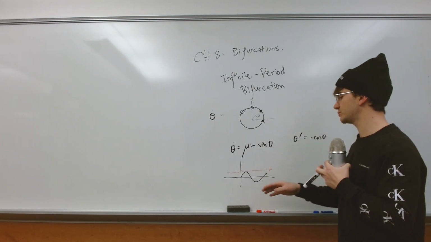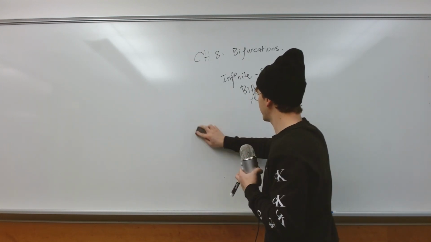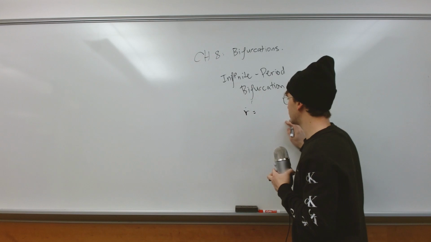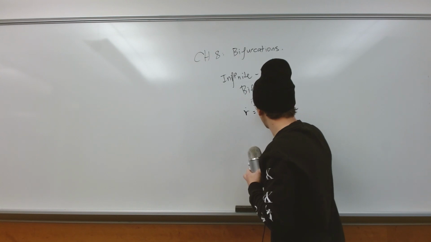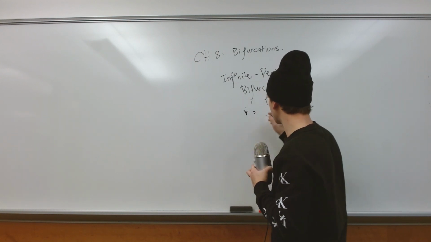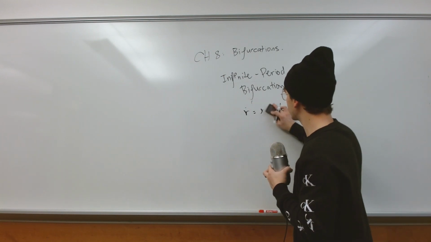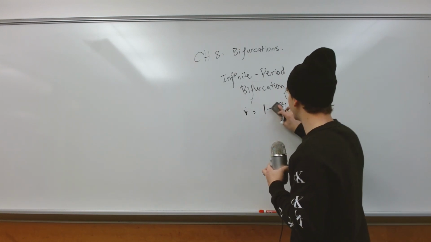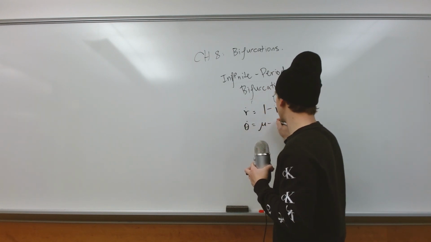This actually extends beautifully to 2-dimensional phase space, because in a trivial example where r and mu are decoupled, say we have r dot equal to 1 minus x squared, I'm sorry, 1 minus r squared, and theta dot is equal to mu minus sine theta.